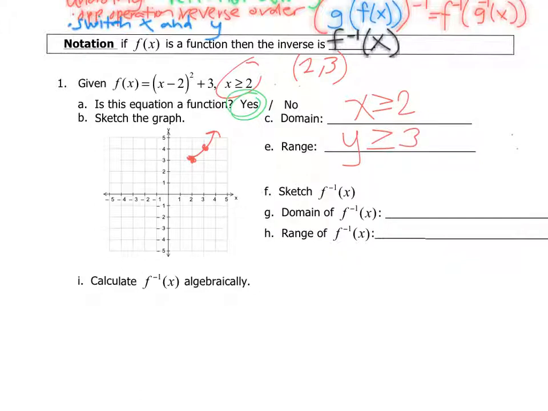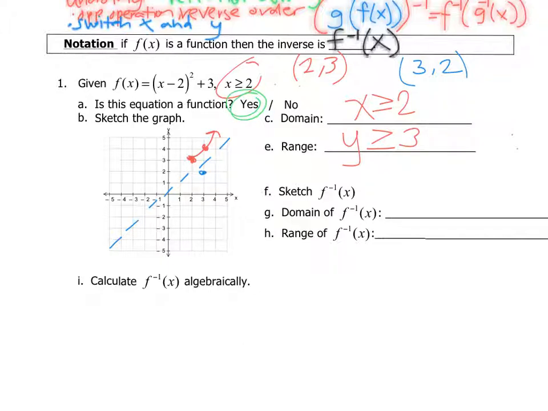So let's go ahead and sketch the inverse. So I'm gonna draw in my reflection. And what I like to do first off is just flip-flop my coordinate points. So if I know that the vertex happens at 2, 3, I know my reflection is going to be 3, 2. So I go 3, 2.